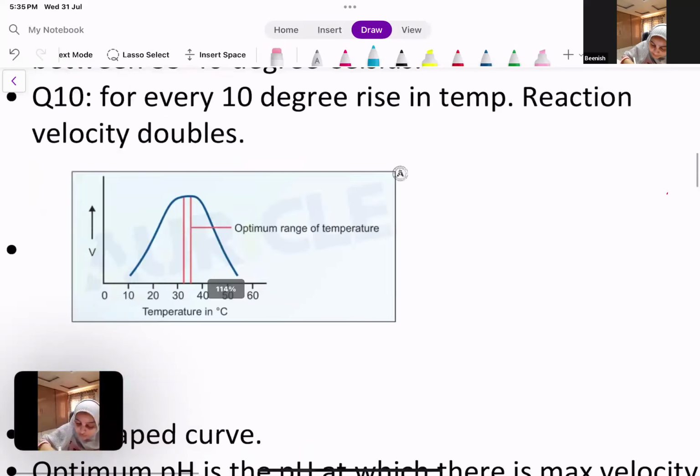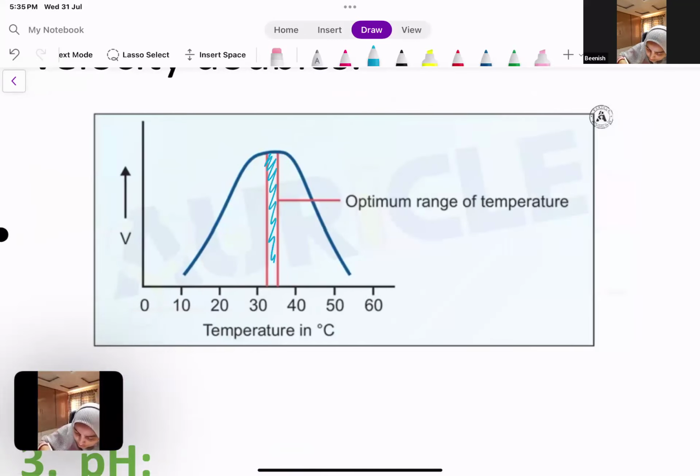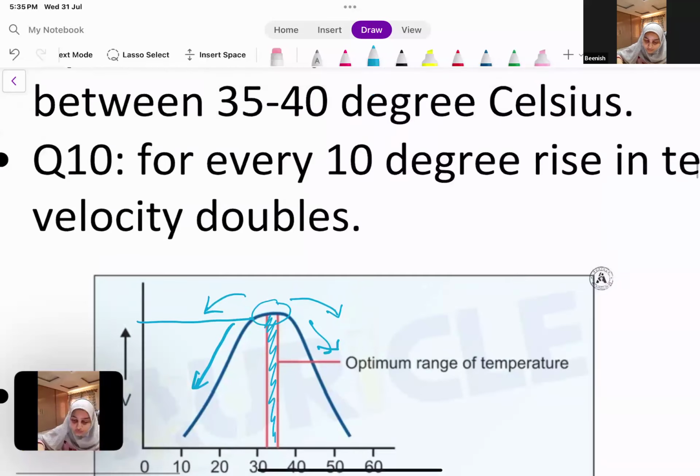You can see here, this is the optimum temperature range, and in this optimum temperature you are getting maximum velocity. But as you go below or above this temperature, what happens? Your reaction velocity is going to decrease. And what is optimum temperature? It is that temperature at which you have the maximum velocity.